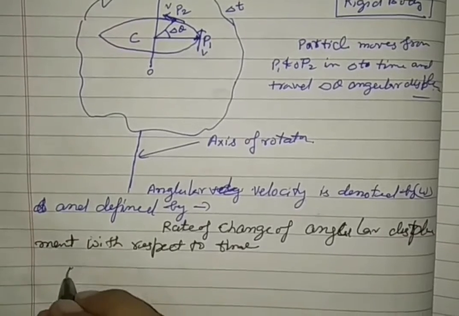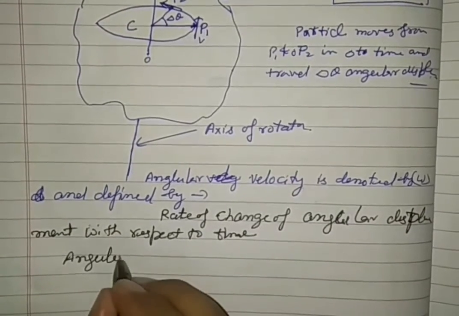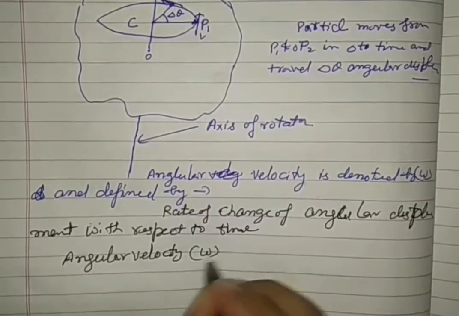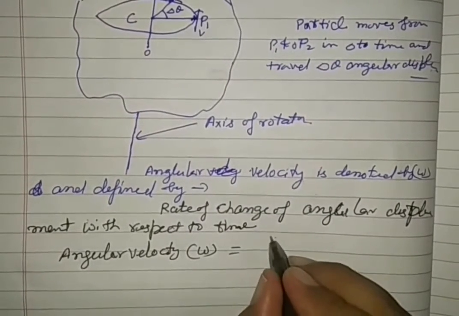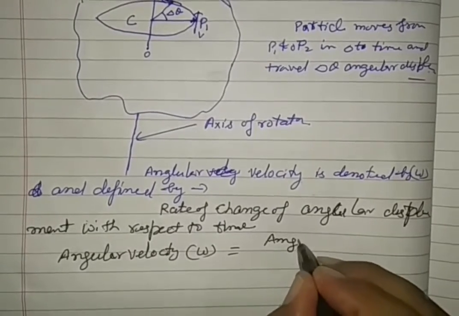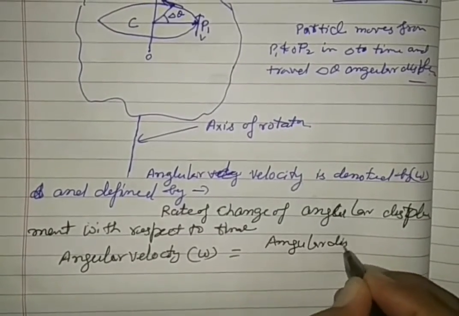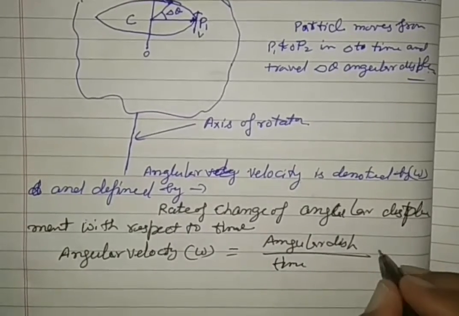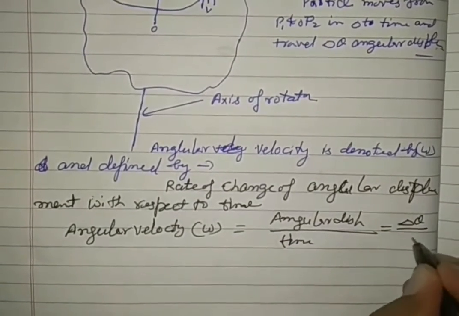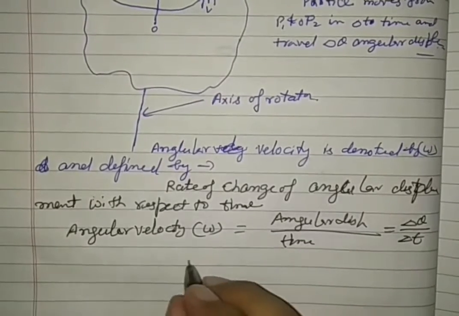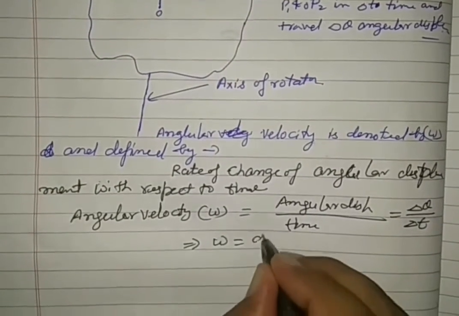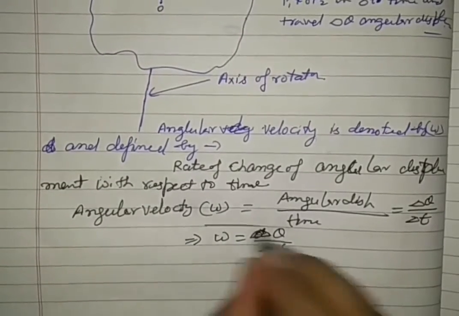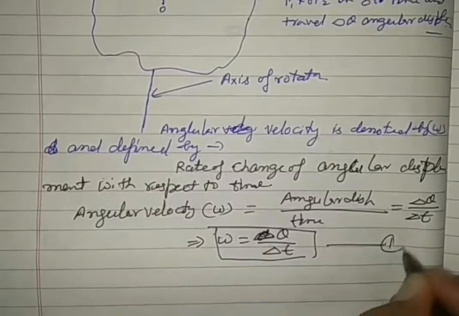So angular velocity is angular displacement by time interval. It is delta theta, the angular displacement, in delta t time. So we may write omega is equal to delta theta by delta t. Write it as equation number 1.